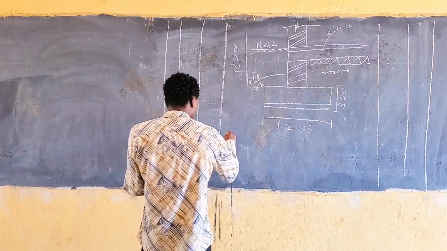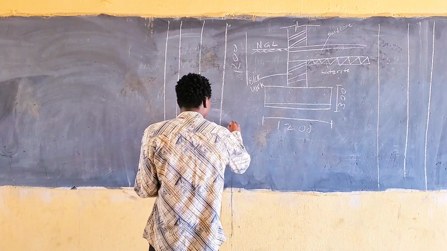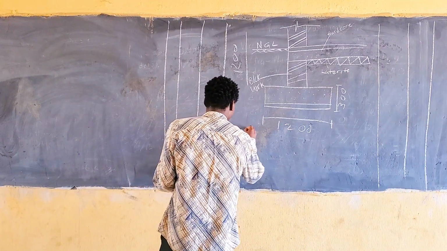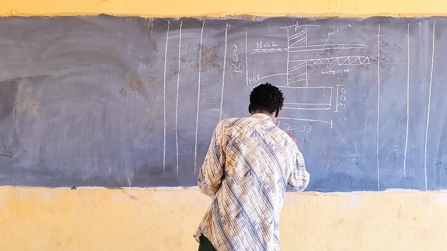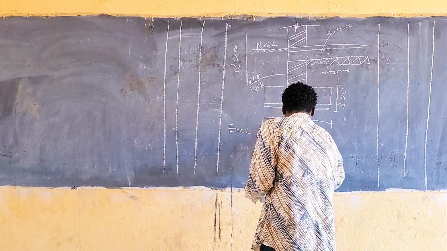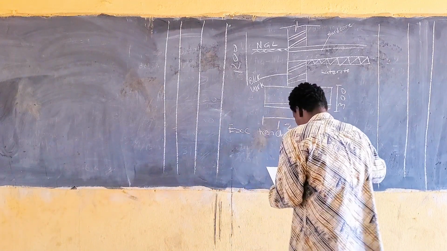So we are going to go ahead to our description and say excavate trench width NE.